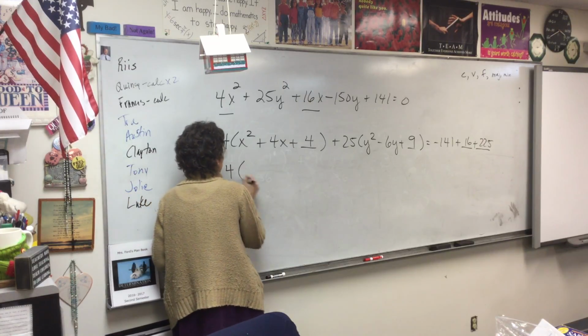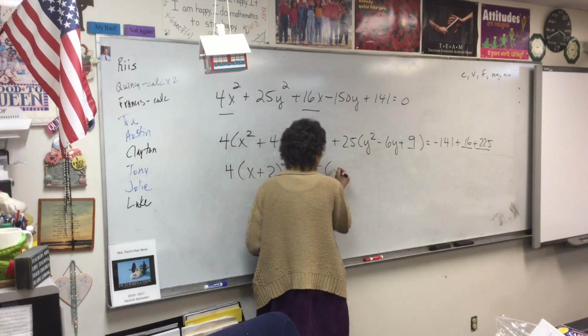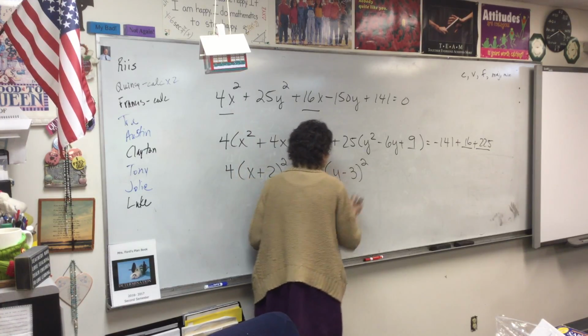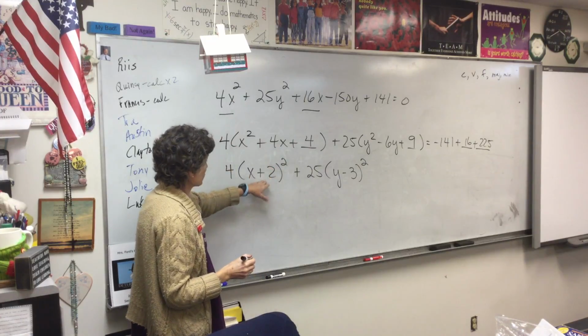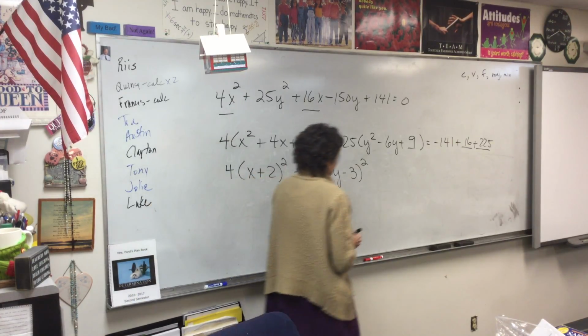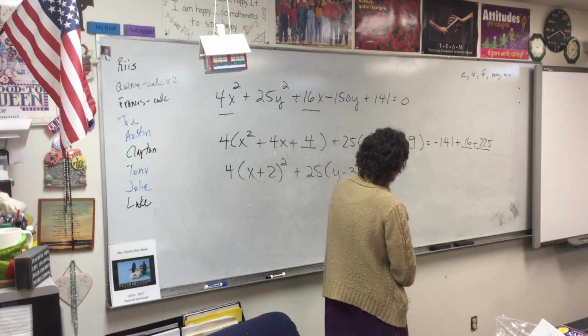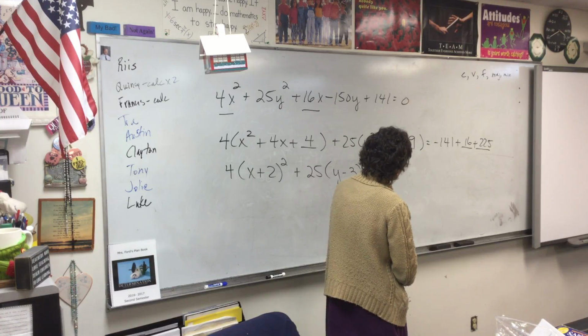So now we got 4 times x plus 2 squared plus 25 times y minus 3 squared. Remember, these are perfect squares. That's how you made them. That's why you did what you did. And what's it going to equal over here? Is that 100?